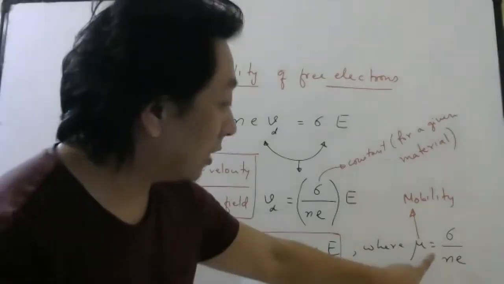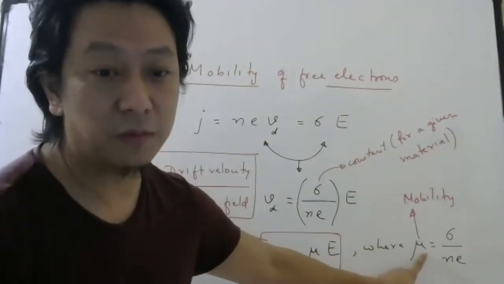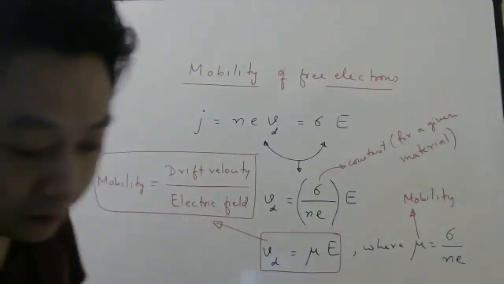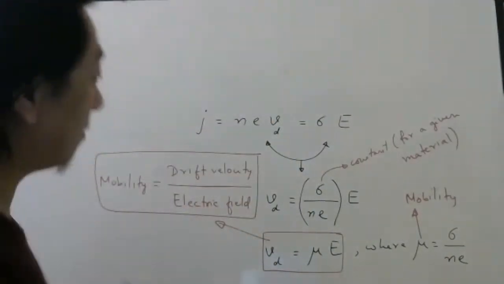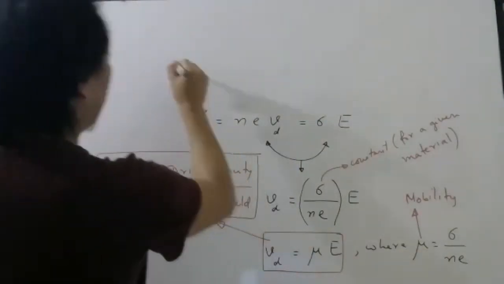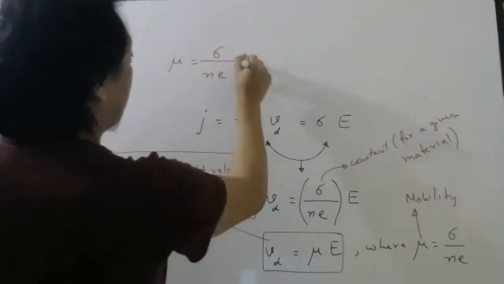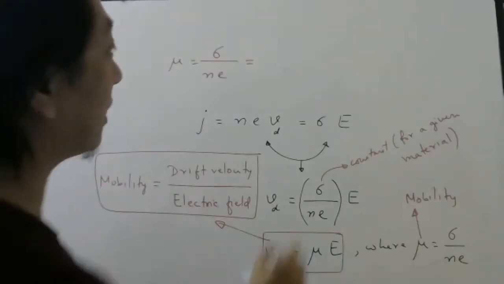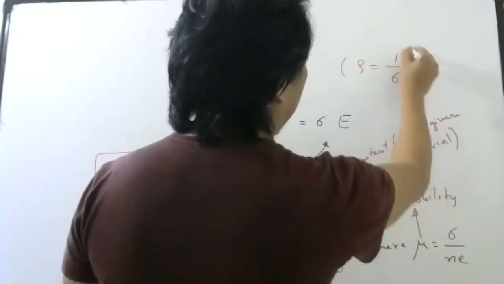Can you tell this formula in terms of resistivity? How will this formula be in terms of resistivity? If you remember, till here what we have done, mu equal to sigma by Ne. So in terms of resistivity, how can I write? If you remember, resistivity is 1 by conductivity.